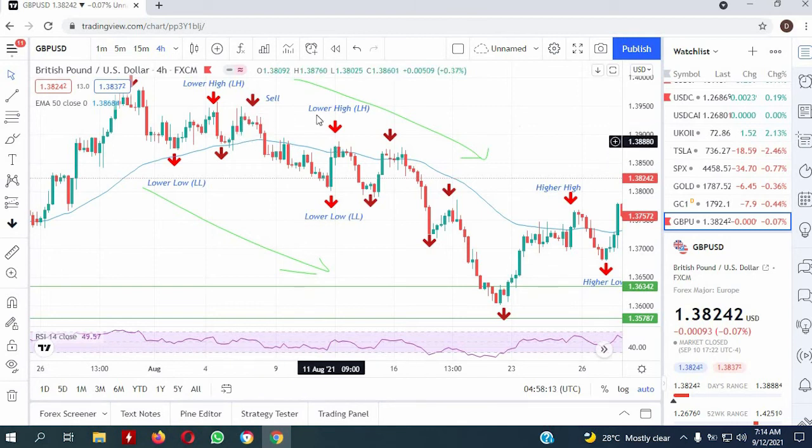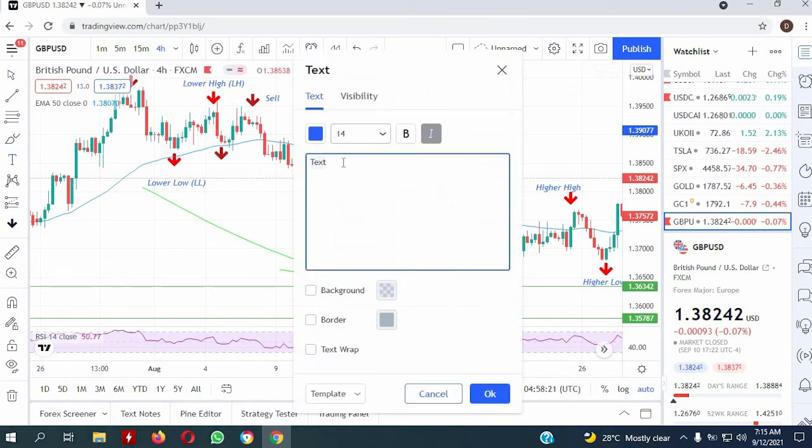But just for information purposes, each time the market creates a lower high, when the market comes back to that lower high, you want to watch and see before you enter the trade.